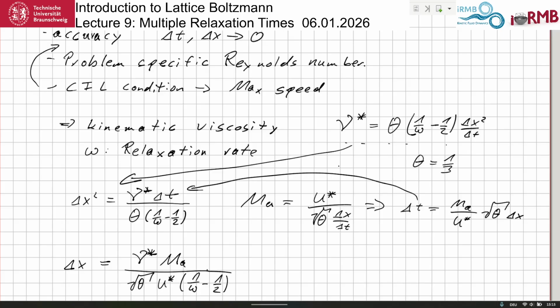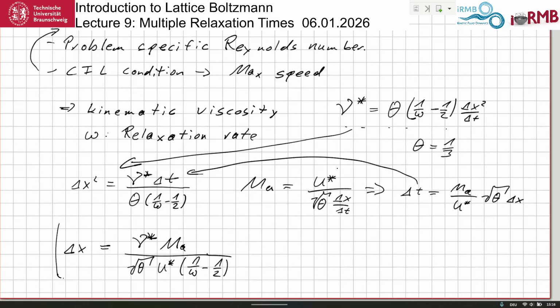This 1 over omega is, in the BGK method, more or less our parameter, the parameter that we can choose. Actually we have two parameters to choose. We can choose the Mach number, as long as we don't care about acoustics, and if it's not too large, and if we are in the incompressible limit.